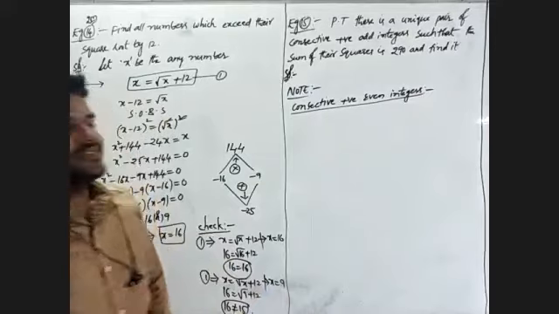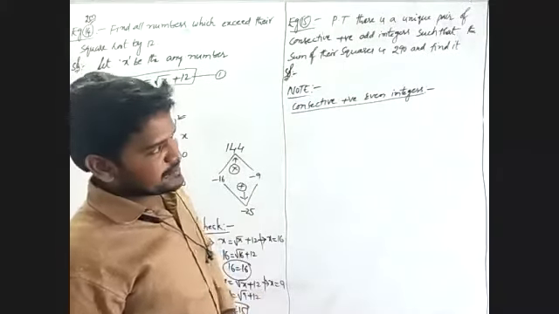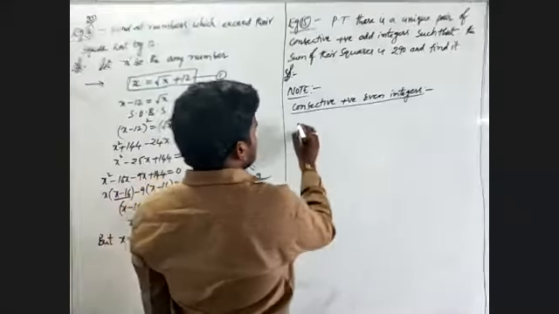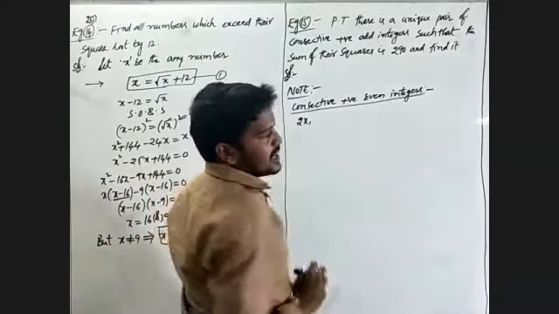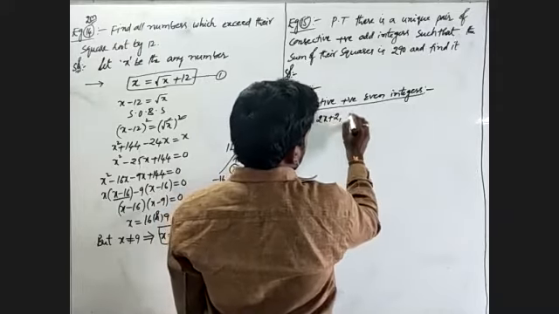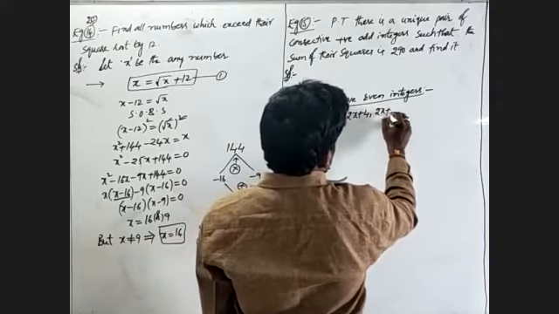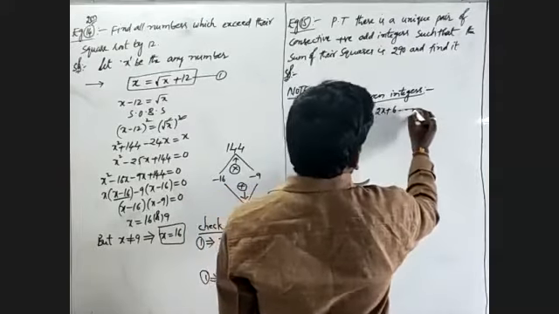Consecutive positive even integers means I will take 2x, again 2x plus 2, again 2x plus 4, again 2x plus 6, and so on.